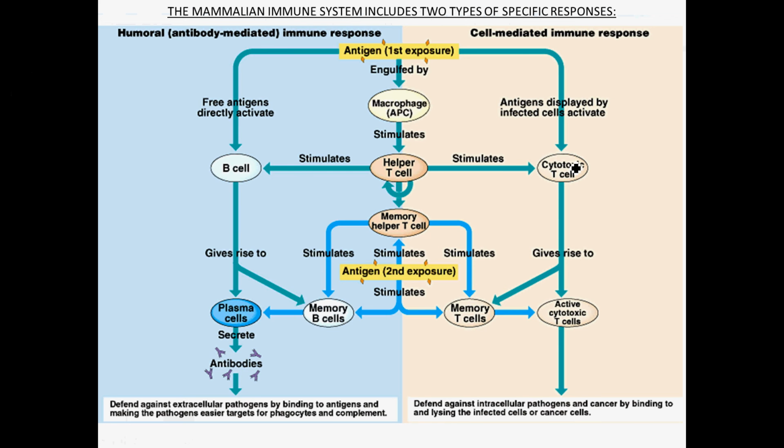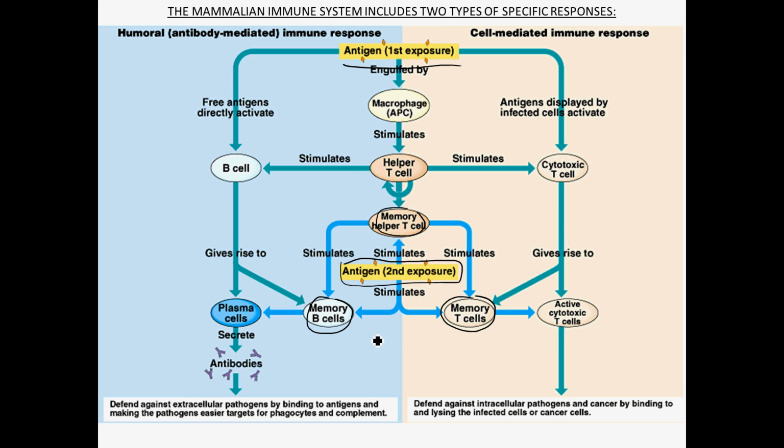So in a series of other screencasts, we've already talked about this whole upper part of the diagram where we get this first exposure. But now I want to talk about when you come in contact with that pathogen or that antigen for the second exposure. Remember from previous screencasts, we've made these memory helper T cells, memory B cells, and memory T cells.